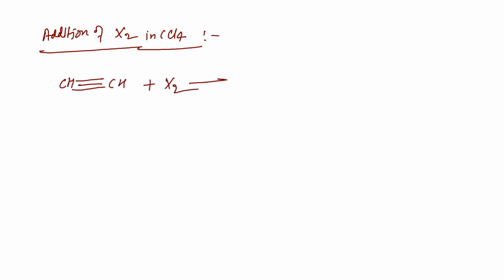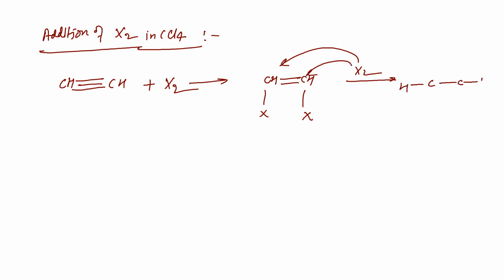So it is going to be CH double bond CH, here is the X, this is the X. Again you are adding X2 in CCl4, so it is going to give a tetrahalo compound. Here is hydrogen, hydrogen, and X, X. So this is tetrahalo.